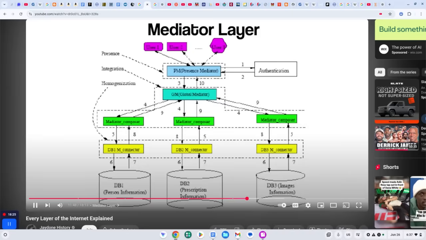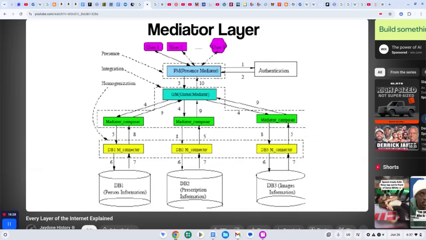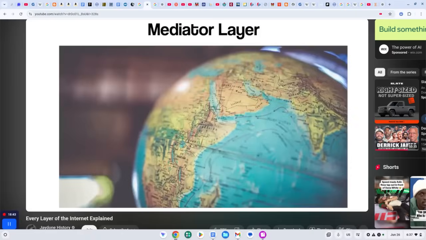It is often imagined as containing restricted research, sensitive databases, or secure communication networks that require not just passwords or encryption, but also contextual access permissions. For example, a system in the mediator layer might only allow entry under specific conditions, such as geographic location, biometric validation, or multi-layered identity verification.